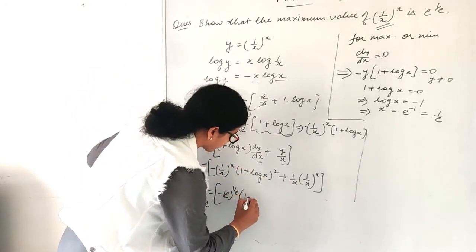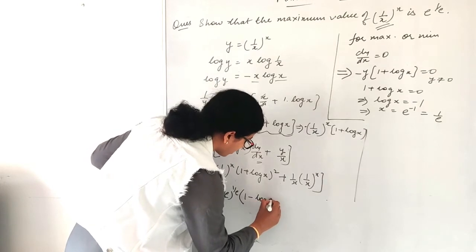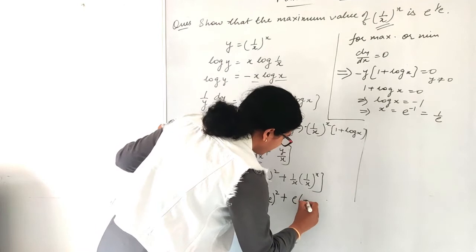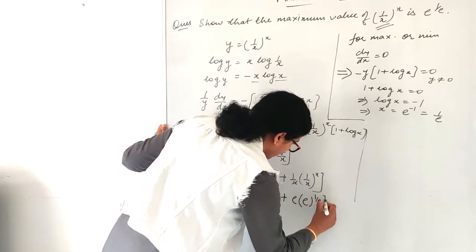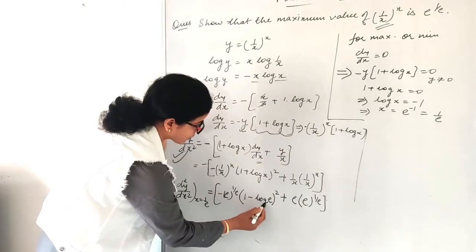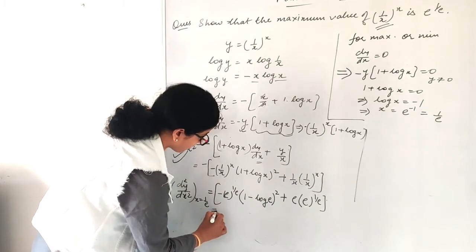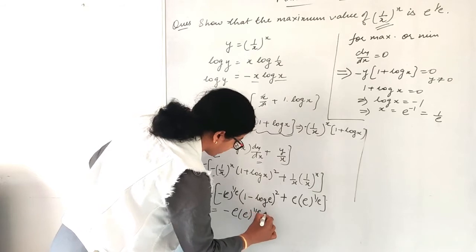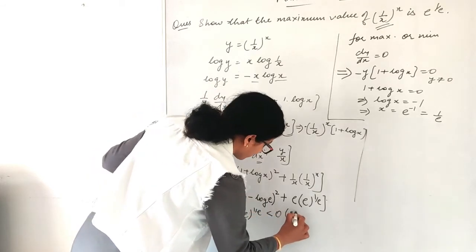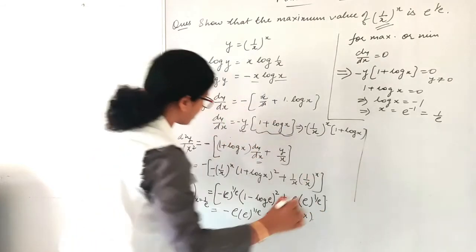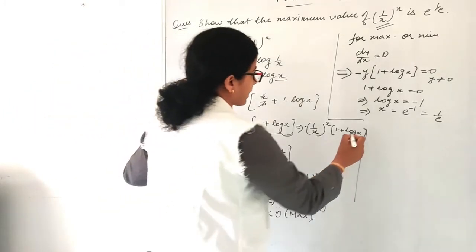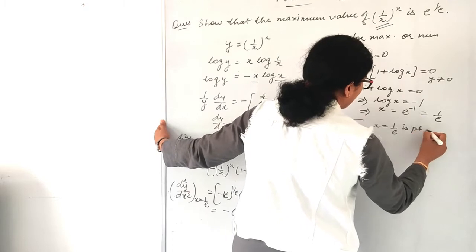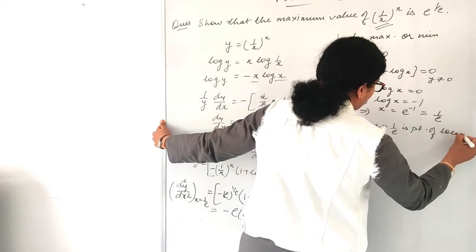So it will become (1 minus log e) whole square plus e to the power 1/e. Log e is 1, so 1 minus 1 will become 0. So it will imply minus e to the power 1/e, which is less than 0, meaning we are getting a maximum value at this point. So x equal to 1/e is a point of local maxima, right?